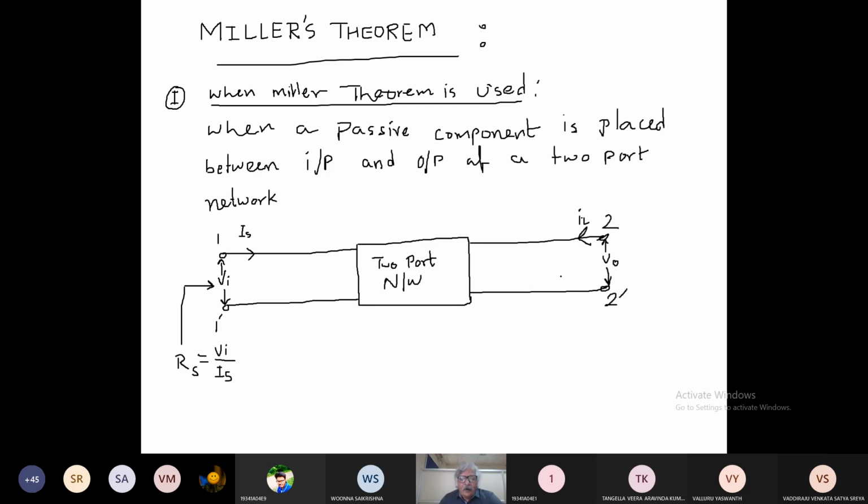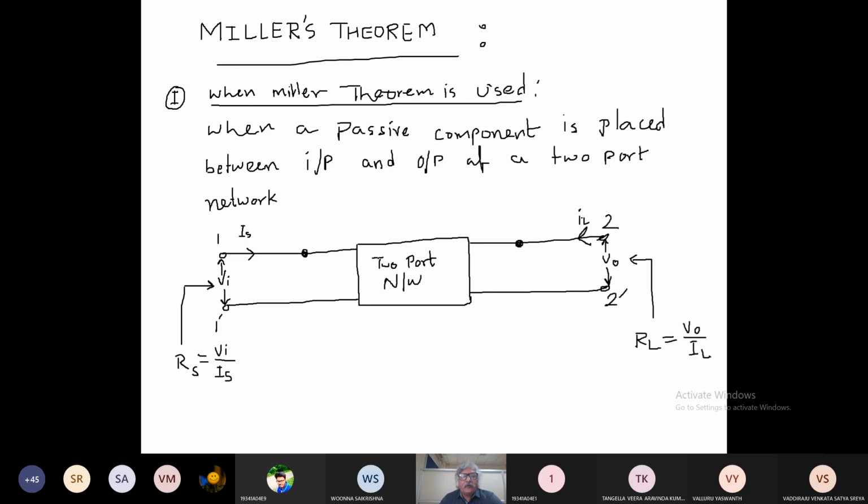And at this, if we are talking about the resistance RL, it is V out by IL.